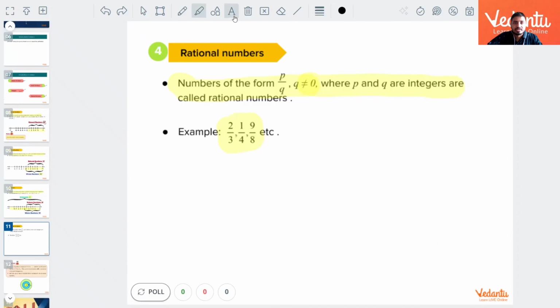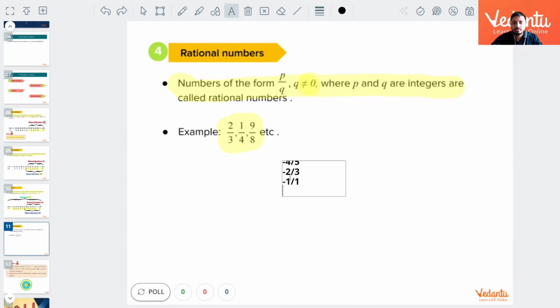Can negative numbers be examples of rational numbers? Yes. Minus 4 by 5 or minus 2 by 3. Next example, minus 1 by 1 is also a rational number.